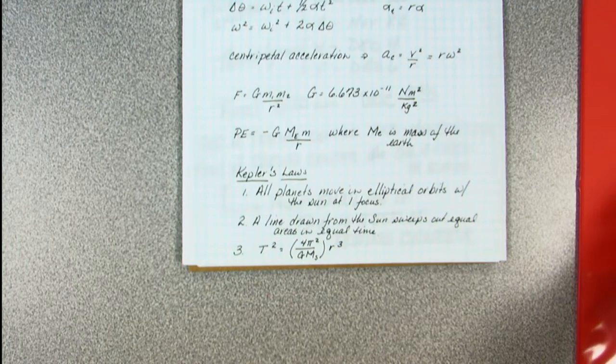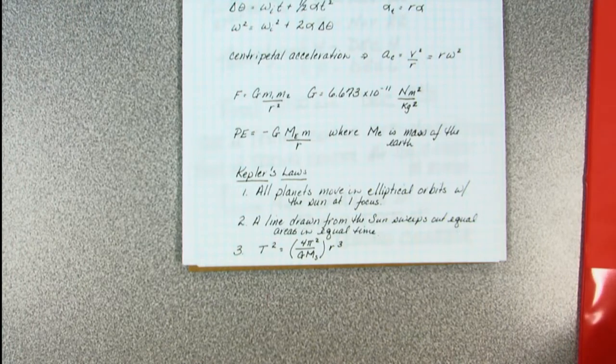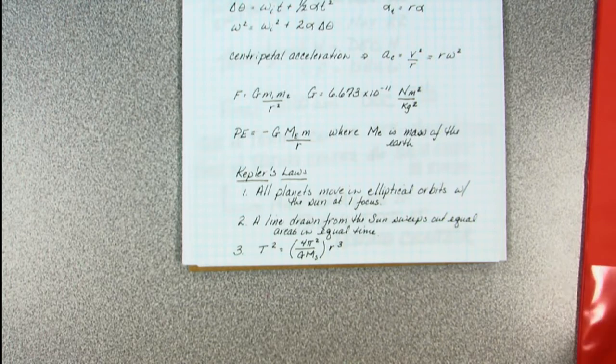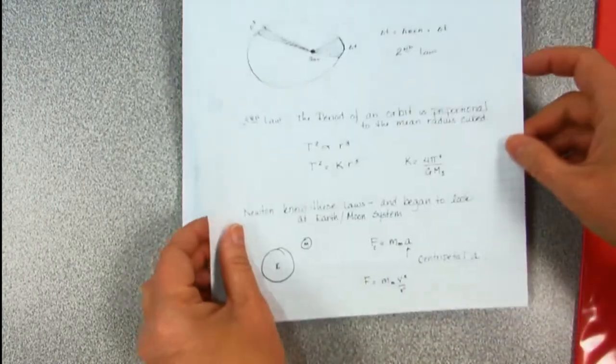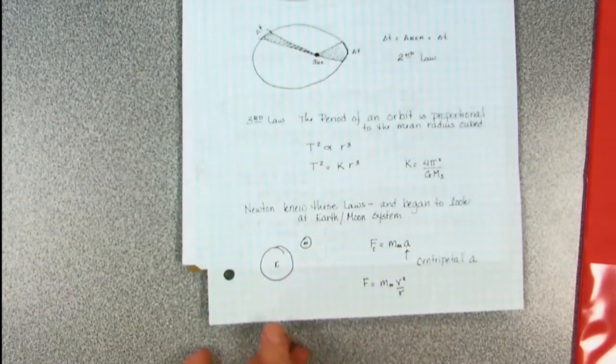Basically, what that is telling us, let me flip through. There we go. Basically, what that area sweep is, this right here. That's the second law. That's Kepler's second law.